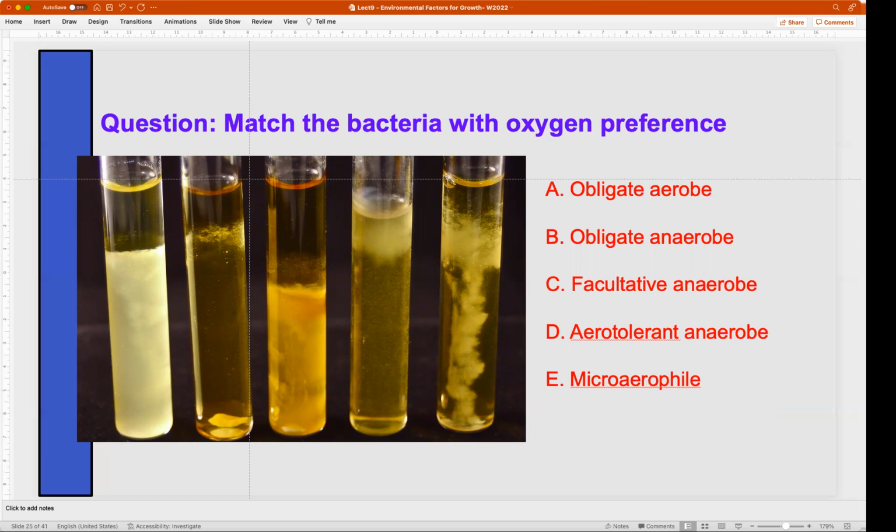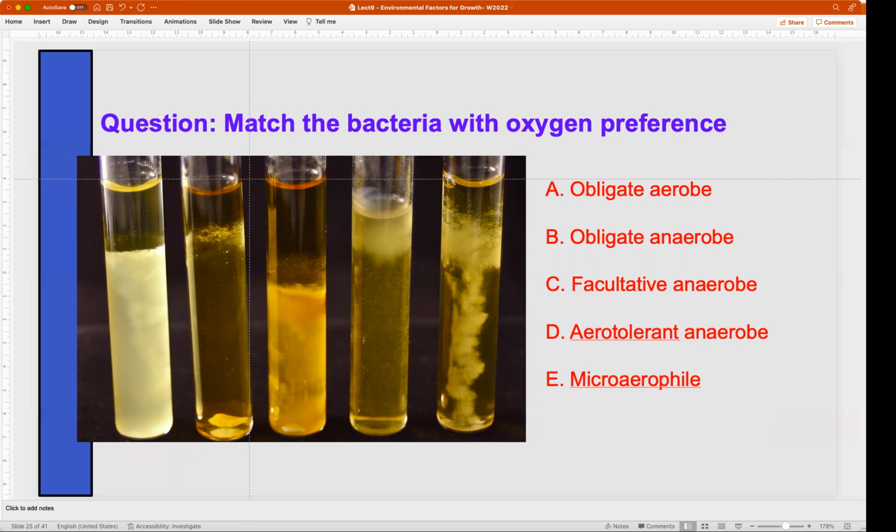Obligate anaerobe. Which one's that? Yeah, I'd agree with that group. The third one. You can see the plug is at the bottom. So B is third. Facultative anaerobe. Throughout. Can you tell? The last one, five. I'd agree.